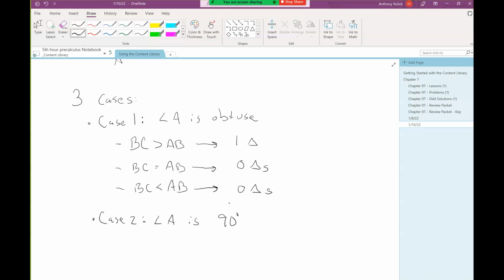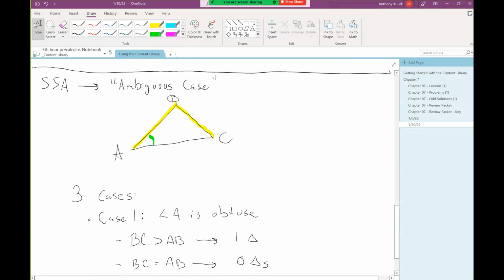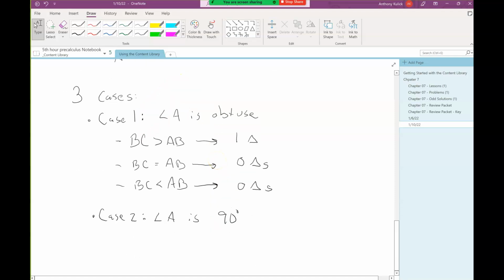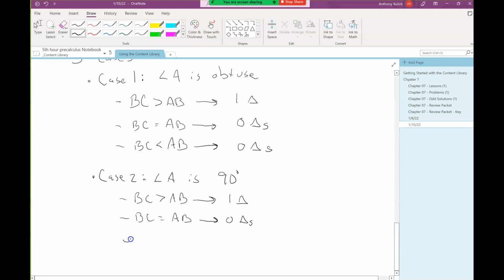Everybody agree? So what does that mean about BC? Still has to be the biggest side, right? So the same thing that we had in case 1 is still going to be the same thing we have in case 2. And so far, this SSA situation, not that big of a deal, right?